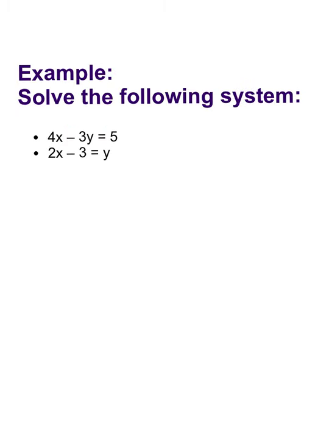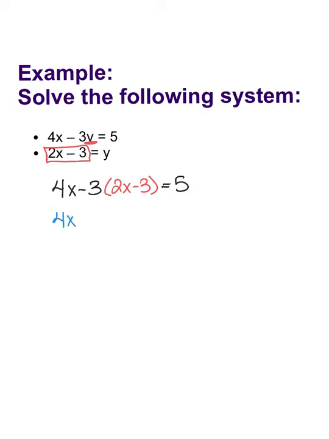Next one. First thing I want to check is one of the equations equal to either x or y. If I look, the second one, this, is equal to y. So I'm going to substitute it in the first one. So when I rewrite it, I have 4x minus 3, and instead of y, I'm going to put what y is equal to. And now I'm going to solve.